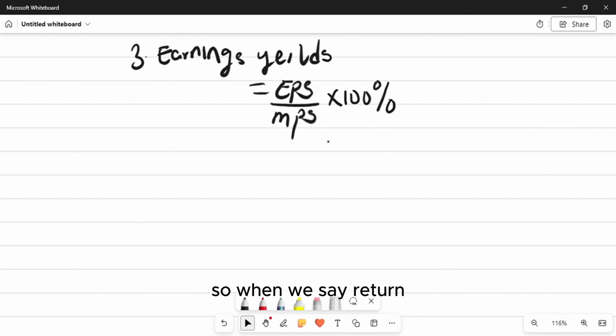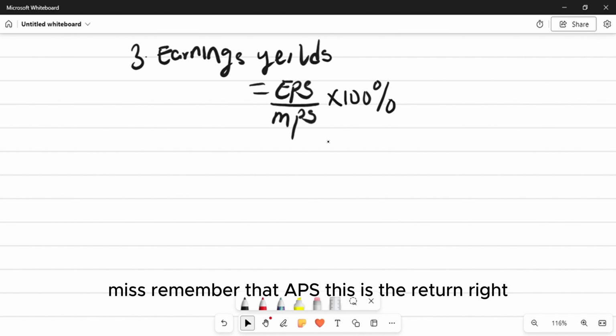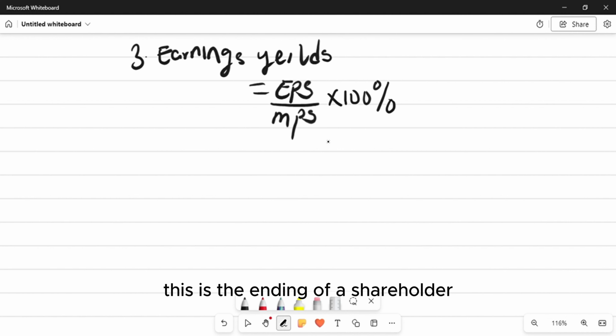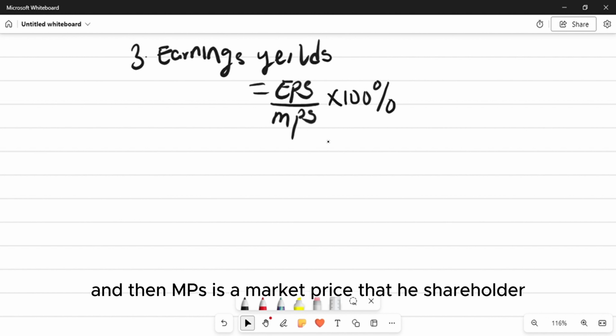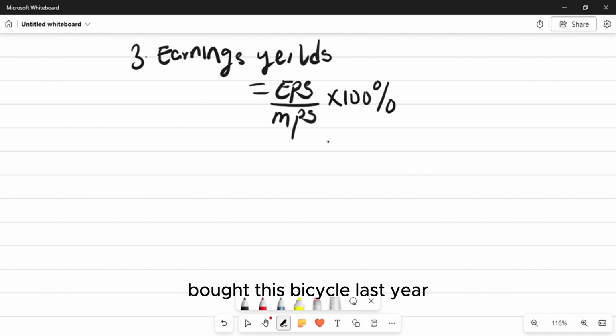When we say earnings yield, remember that EPS is the return, right? This is the earning of a shareholder from the profits in a particular year. And MPS is the market price at which the shareholder bought this particular share.